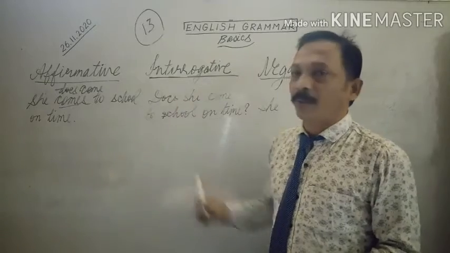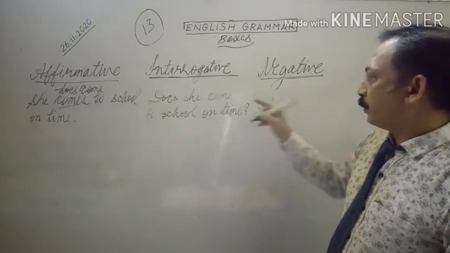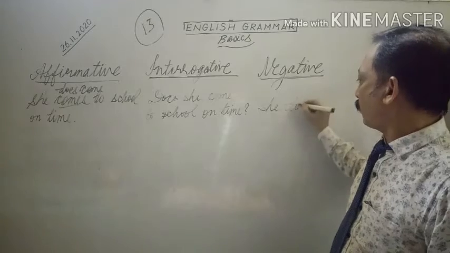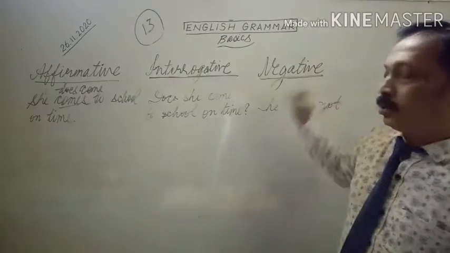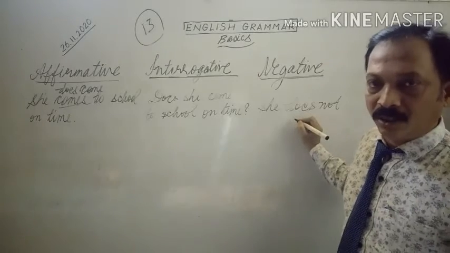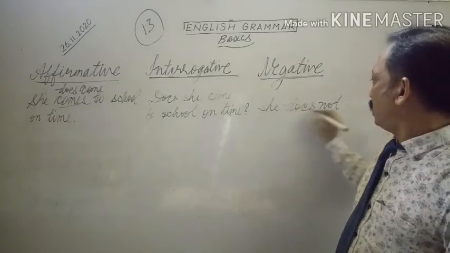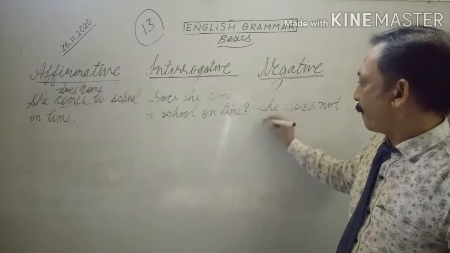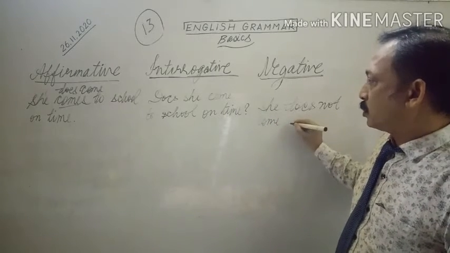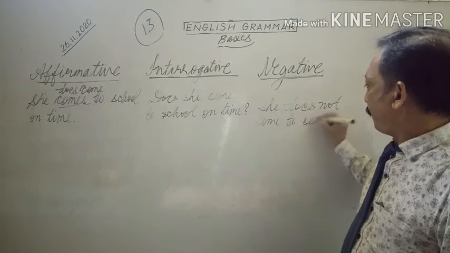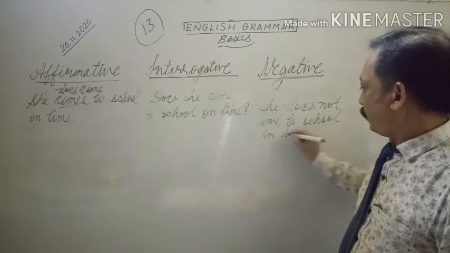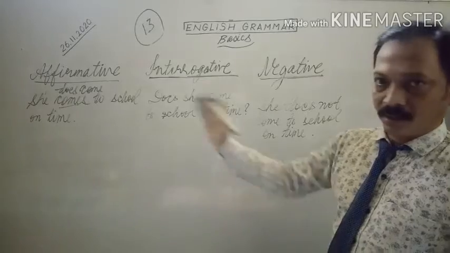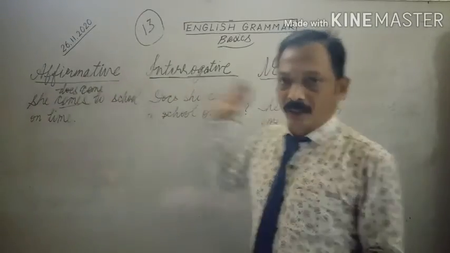So take the help of the helping verb: she does not. Add not to the helping verb and not to the main verb directly. She does not come to school on time. You need this process here too.